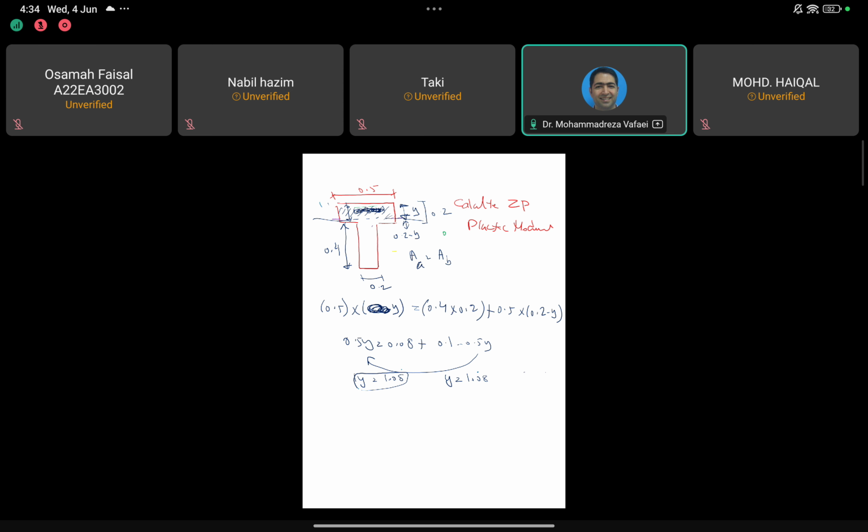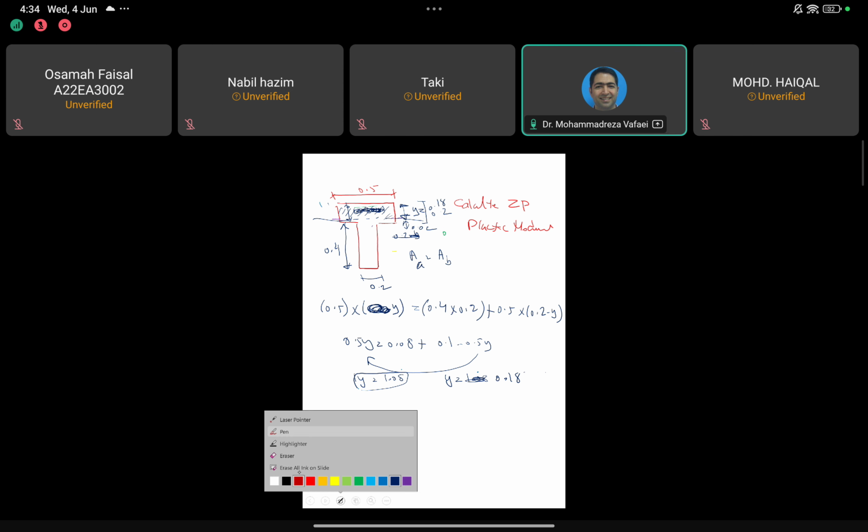Did I calculate it correctly? Yes, that's correct, 0.18. So now this is going to be 0.18, and down there we have 0.02. So this is going to be the line of equal area that we have.